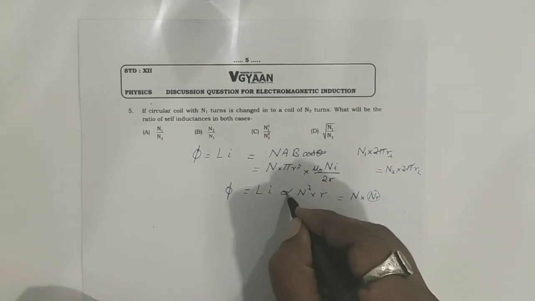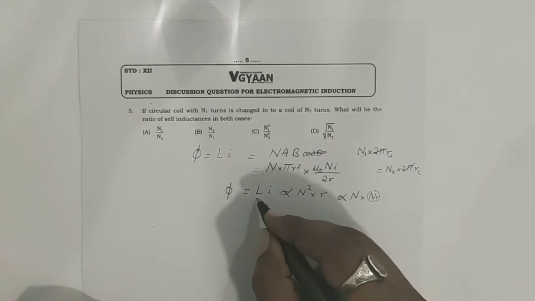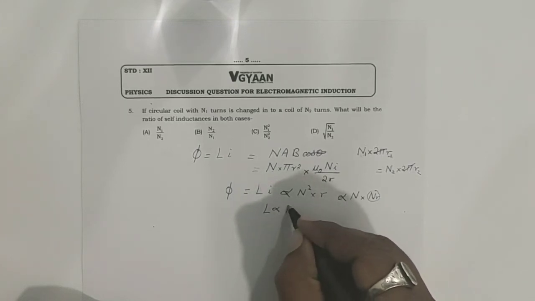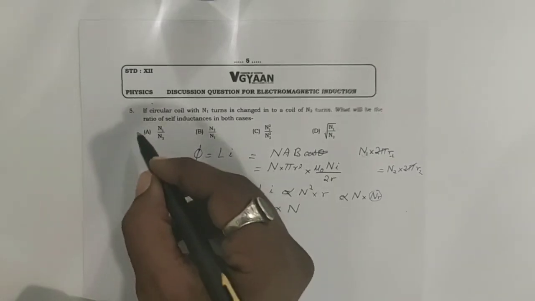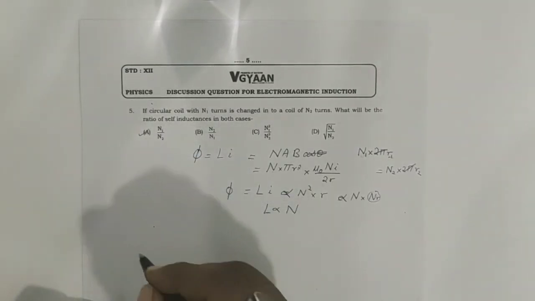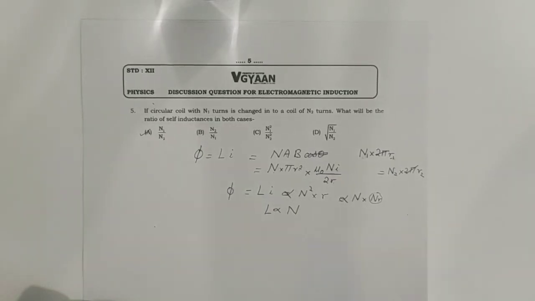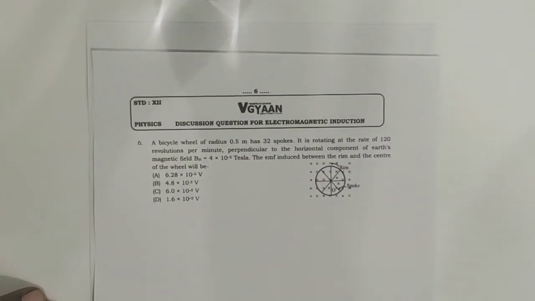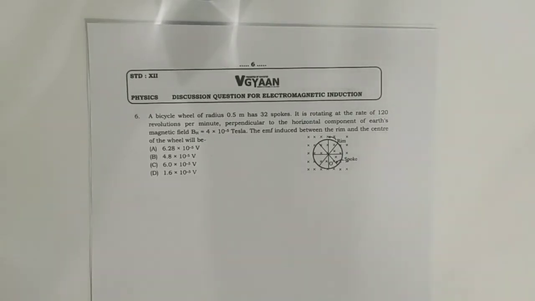This is proportional to N. Hence I can say the coefficient of self-inductance is directly proportional to the number of turns. Since it is directly proportional, L1 upon L2 will be equal to N1 upon N2, which means that option A is the correct answer. Again, a very easy, straightforward question. You had a similar question also in your boards.